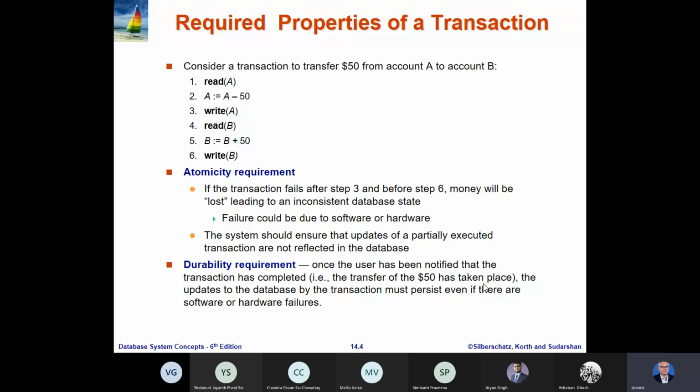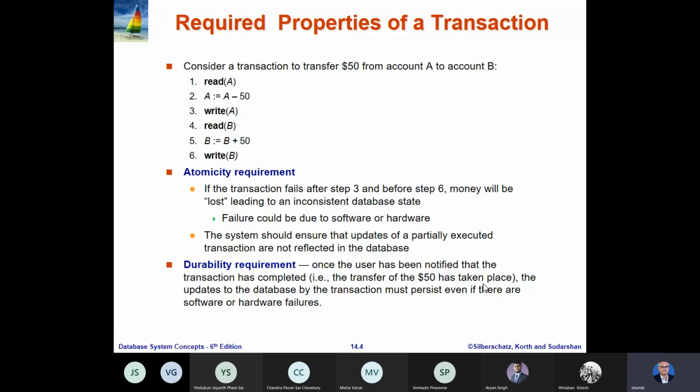Either all of the instructions of this transaction, for that matter any transaction, will get executed and complete successfully, or if there is some issue in between, then all the small steps that were taken are reverted back. So either all the instructions will complete, or there will be no effect of any one of those instructions. That is what is meant by the atomicity property.